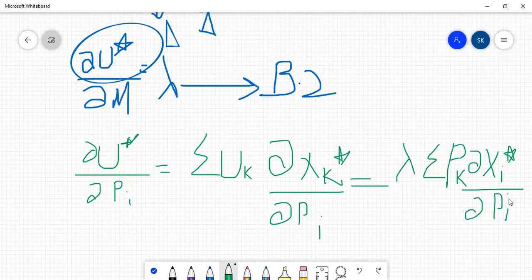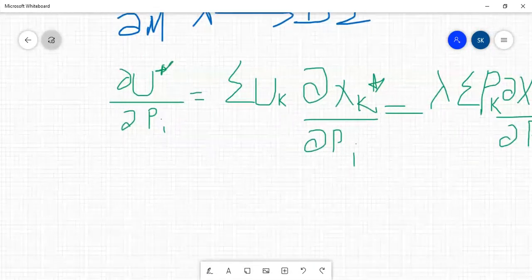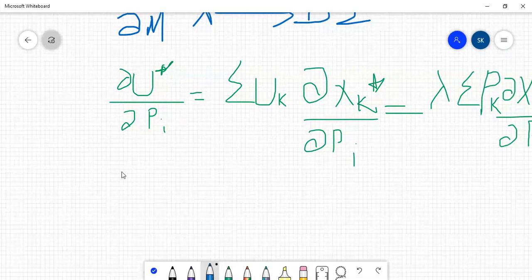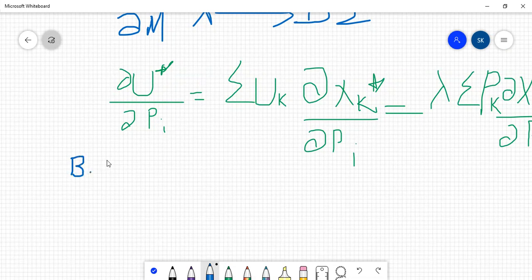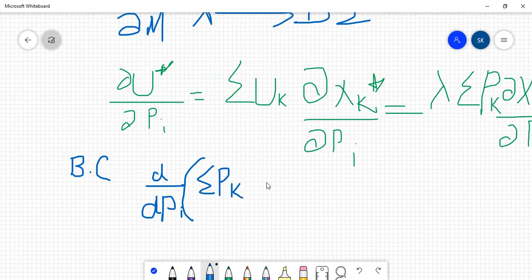Now again, we know we have this budget constraint also in our equation. And therefore, for that purpose, the budget constraint, or let's simply write it as BC, will be written as follows: differentiating the function with reference to Pi, given the summation Pk xk star.